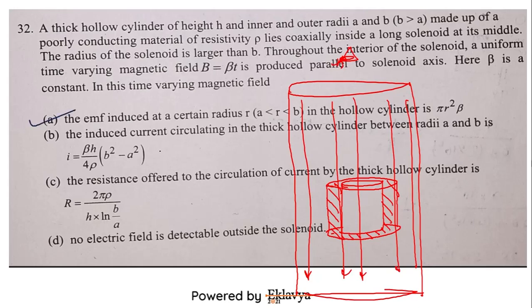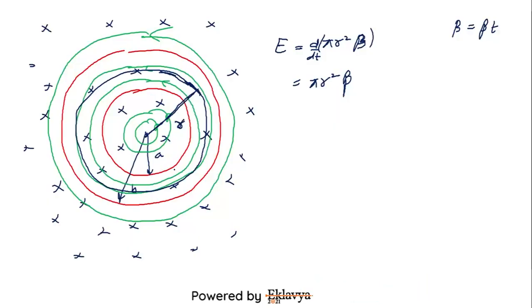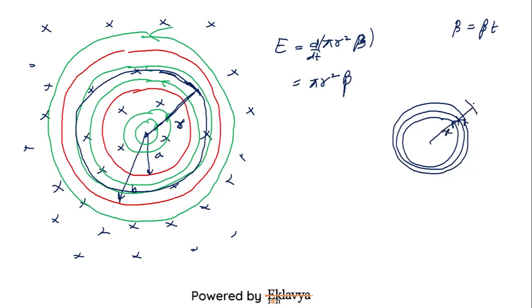Now induced current circulating in the thick hollow cylinder. Here we have to understand that there will be different currents flowing like this, and we have to sum these currents. If we consider an element of radius x and width dx, then some current will be flowing through this element. So we have to write that current, and add all such currents.